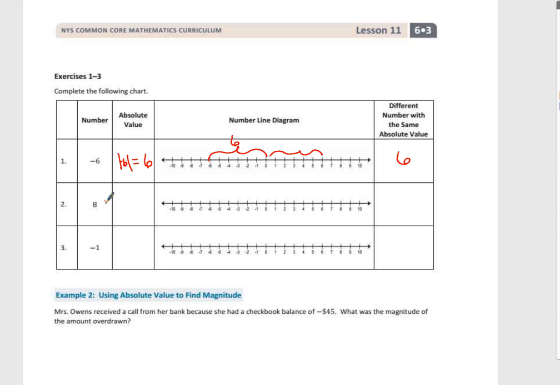Next number. Absolute value of 8 is 8. Let's go ahead and graph that on our number line. Oops, I went too far there. And it's 8 units. So we need to say, what would be that same absolute value, but going the other direction? Negative 8.